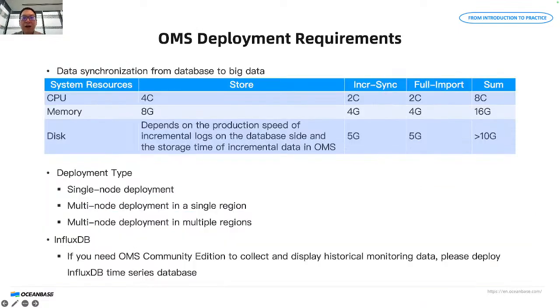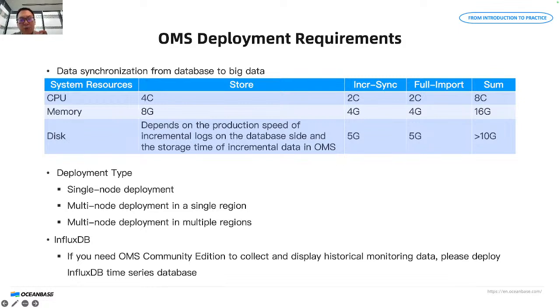If you synchronize to a big data component such as Kafka or RocketMQ, its resource requirements are at least 8 cores, 16 GB memory, and a disk of at least 10 GB. There are several deployment options for OMS: single node deployment, single region multi-node deployment, and the last one is multi-region multi-node deployment.